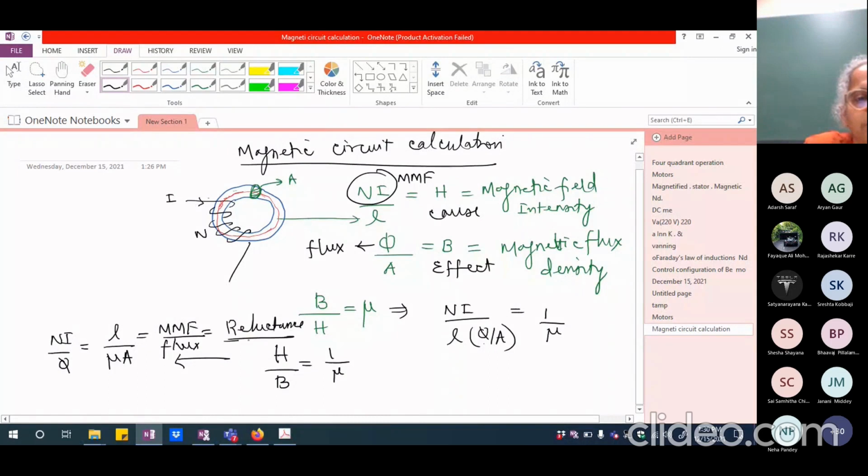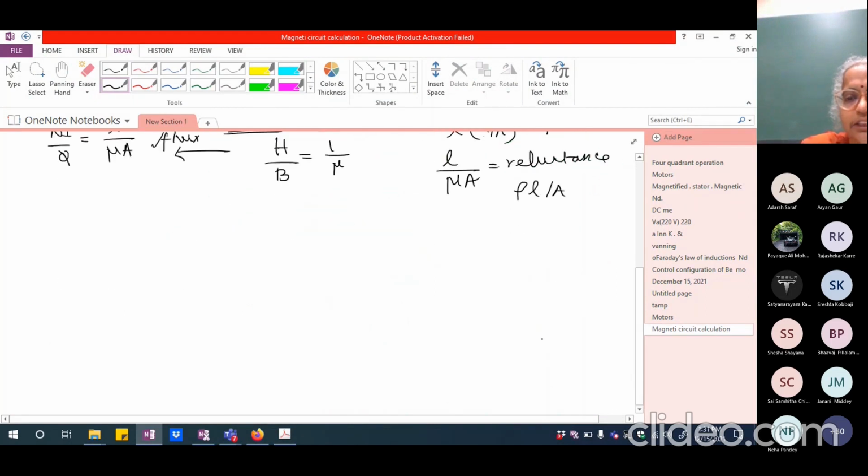Very similar to resistance, a certain amount of MMF will establish a certain amount of flux, depending upon how much reluctance is offered by that particular material. So this L by mu A we call reluctance, which is very similar to when we write the resistance as rho L by A, where rho is the resistivity of the material. The same way, mu is the permeability of the material.